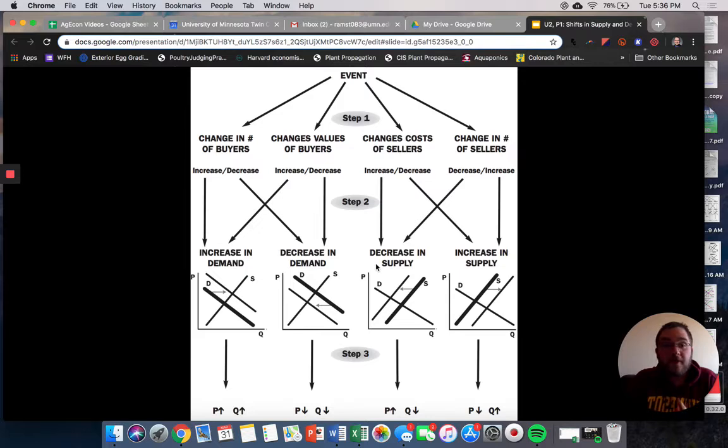That's the event we'll go with, okay? Change in number of buyers, change in the values of buyers, change in the cost of sellers, change in the number of sellers. The first thing that we need to do is identify if this is going to be a buyer or a seller thing, okay? Now, obviously, buyers influence demand and sellers influence supply, okay?